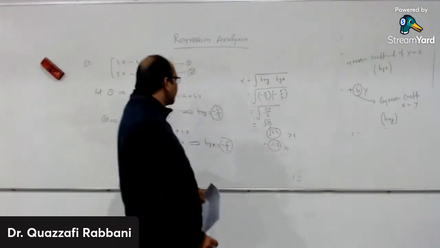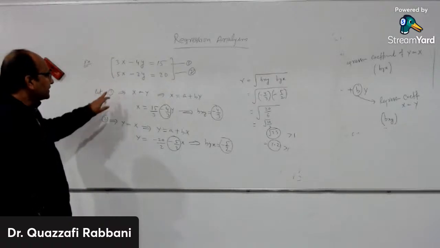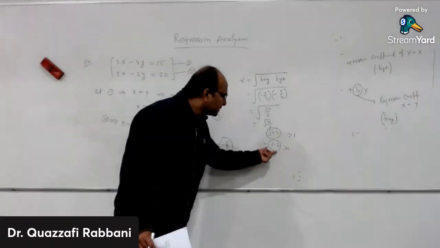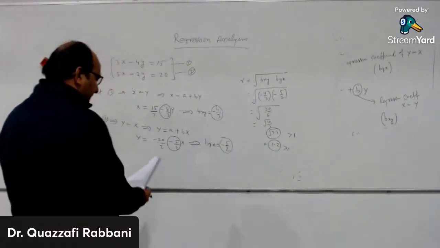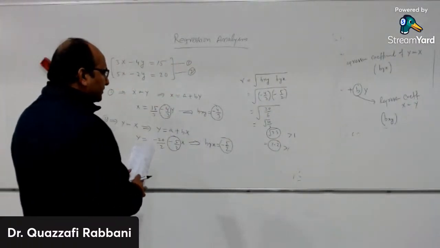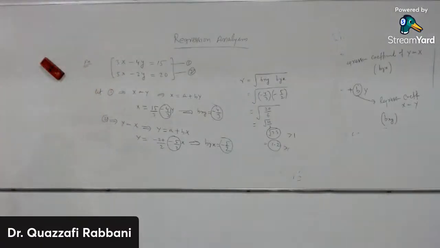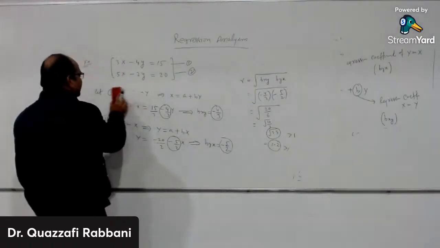So it means that our supposition was wrong, because this value is not r. So in that case we just reverse our supposition.